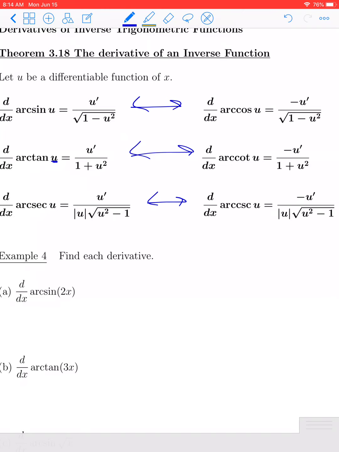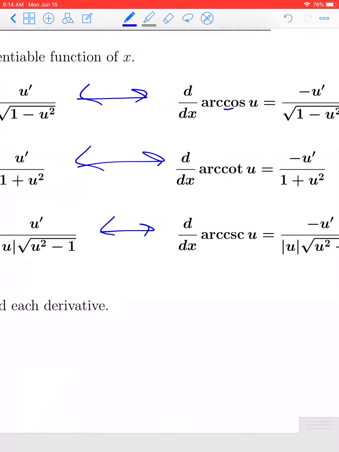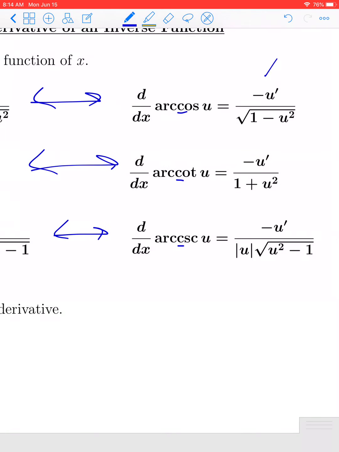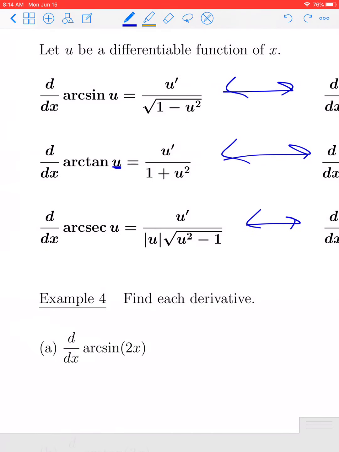To remember which one has the negative sign, if you forget the arc part, as we saw when we did the regular trig derivatives, if the trig function starts its name with a c, like cosine, cotangent, cosecant, it's going to have a negative sign in its derivative formula. If the trig function does not have a c in its name, like sine, tangent, secant, their derivative will be positive.